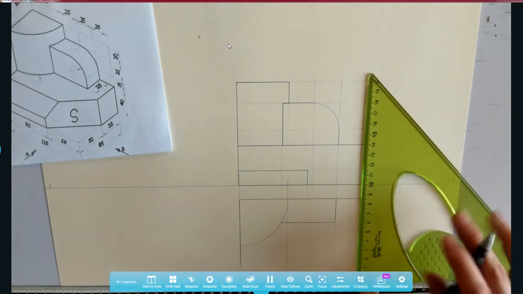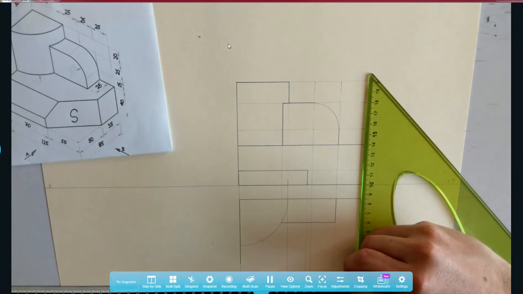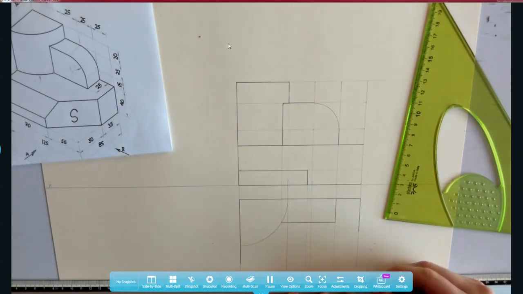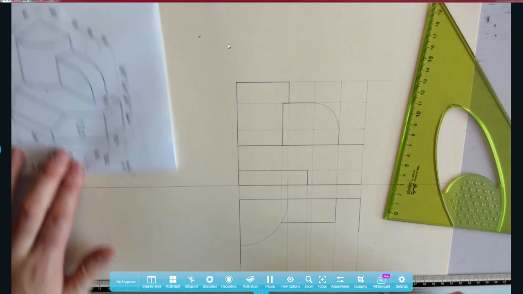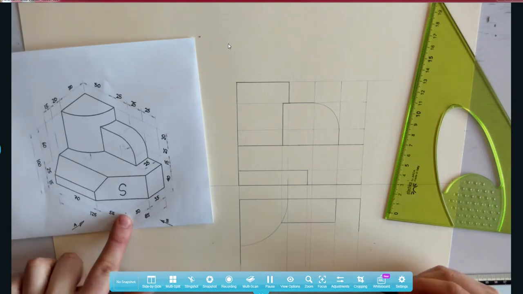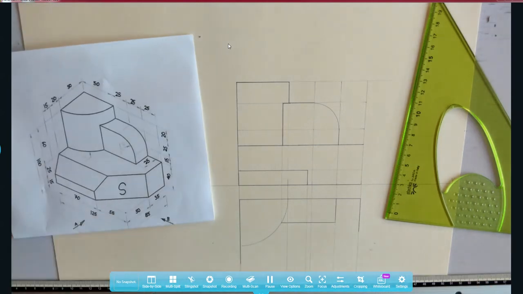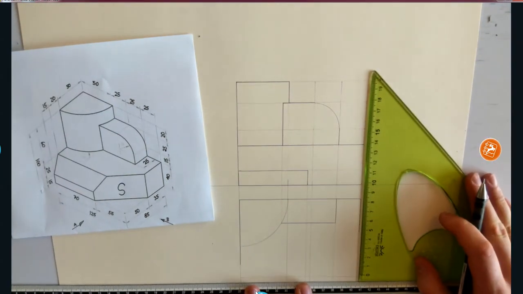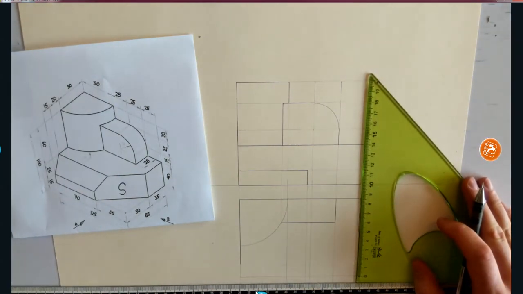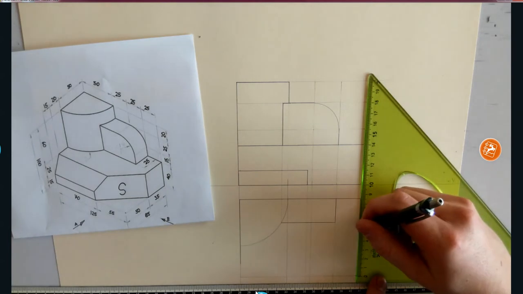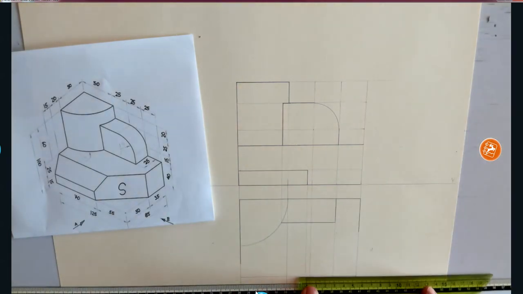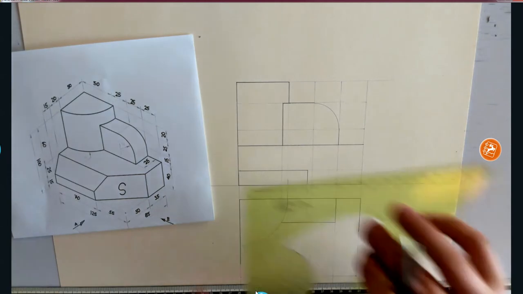Coming forward the overall width of the shape, I'm just going to get us this point. Construction line in. 50mm up from this point is going to get us here, and it's going to be 55 across. Just going to get us here, line them two up.